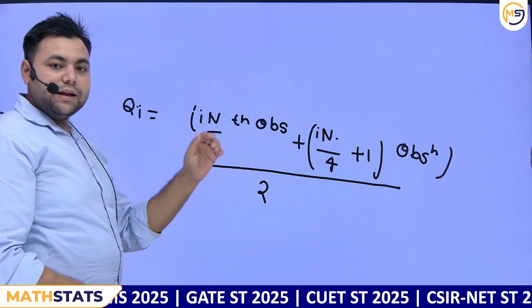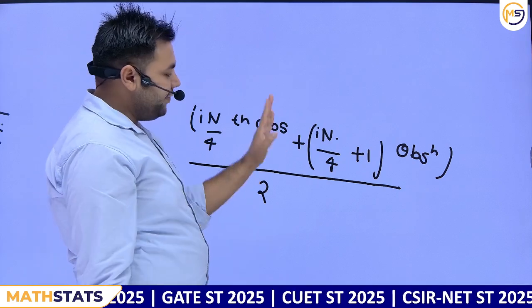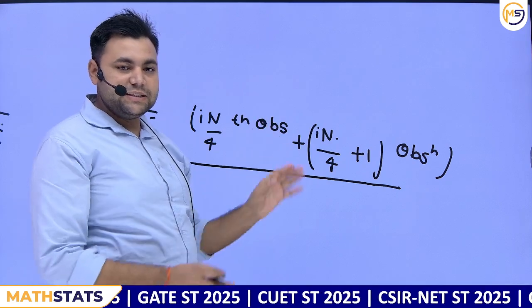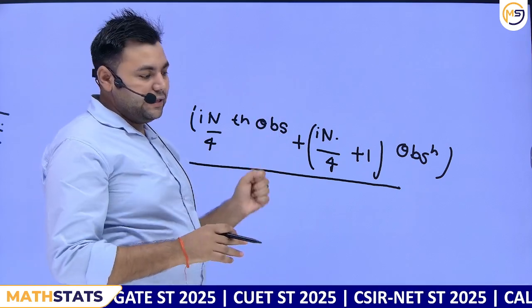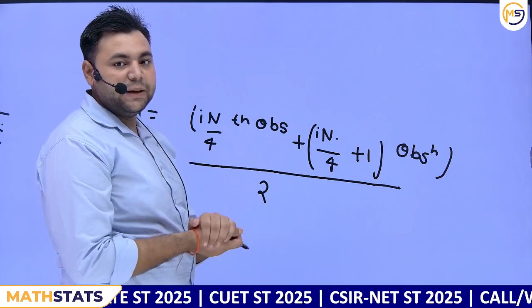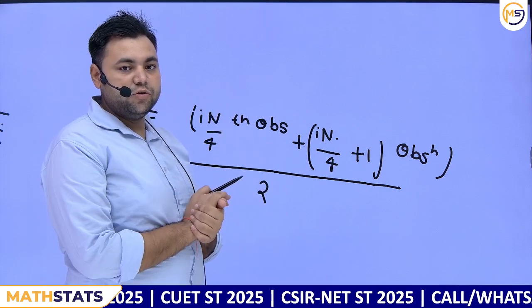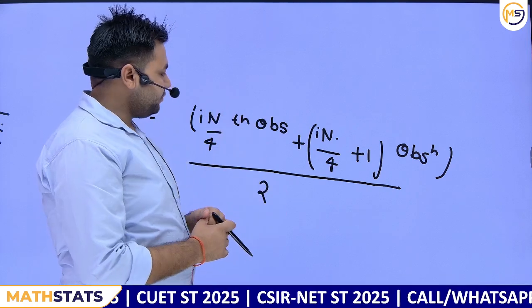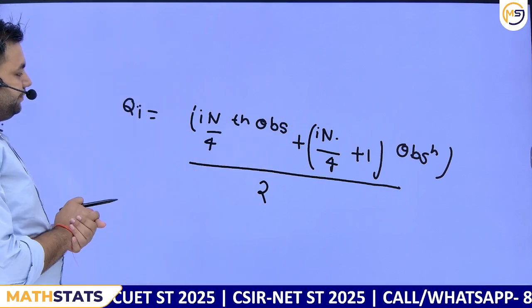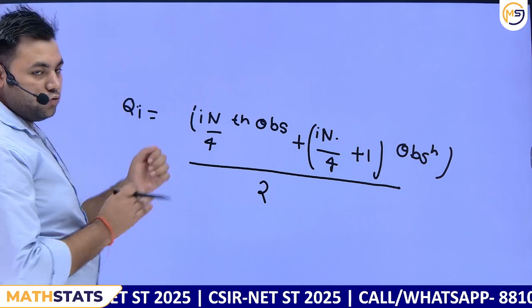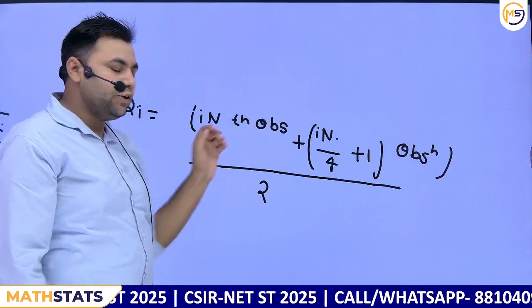So there are many techniques. If you calculate in this way, this is also true. And there is one more technique: if n is a multiple of 4 and if n is not a multiple of 4, there is a formula also given. So in this way, this is true. Why is this true? Because you first find Q2.